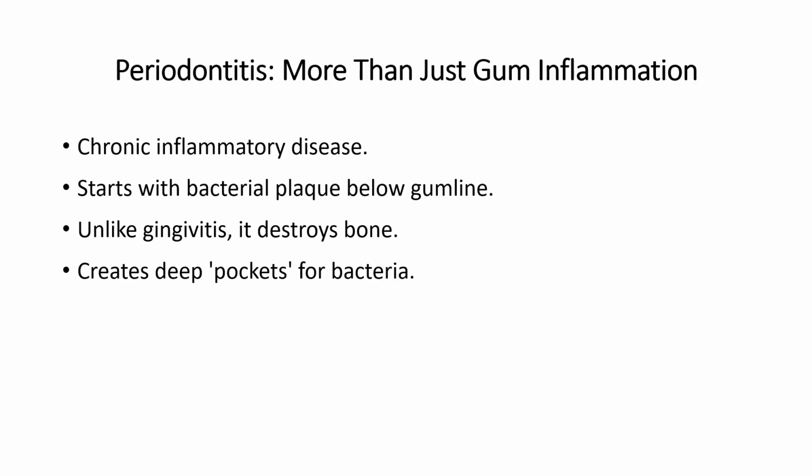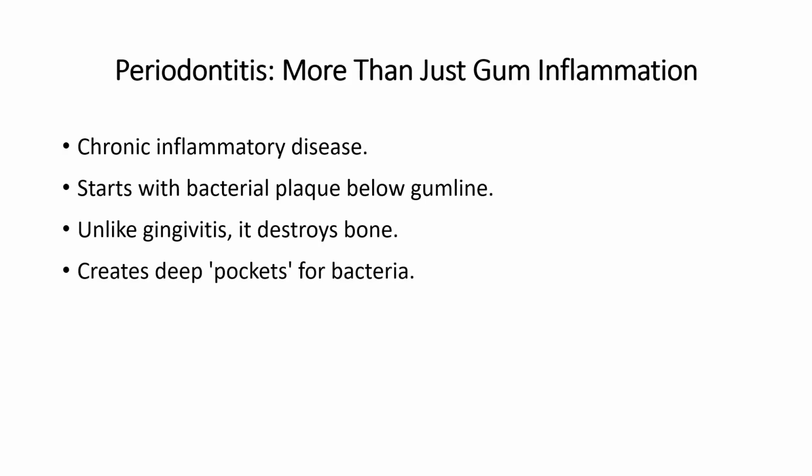Now, let's define periodontitis. It's not just a simple gum inflammation like gingivitis, which is reversible. Periodontitis is a chronic, ongoing inflammatory disease that begins when bacteria and plaque build up below your gum line. These bacteria then trigger your body's immune system.